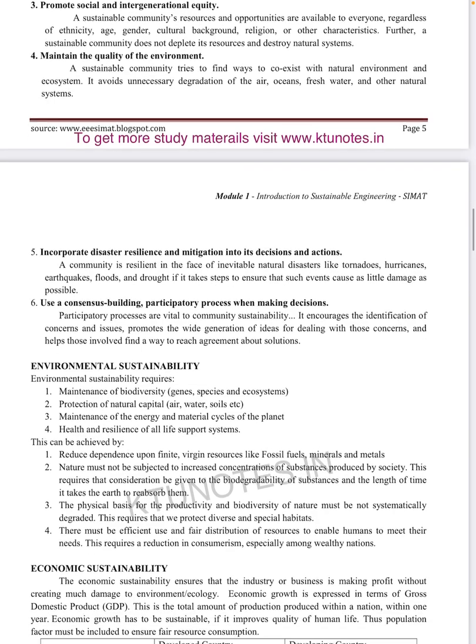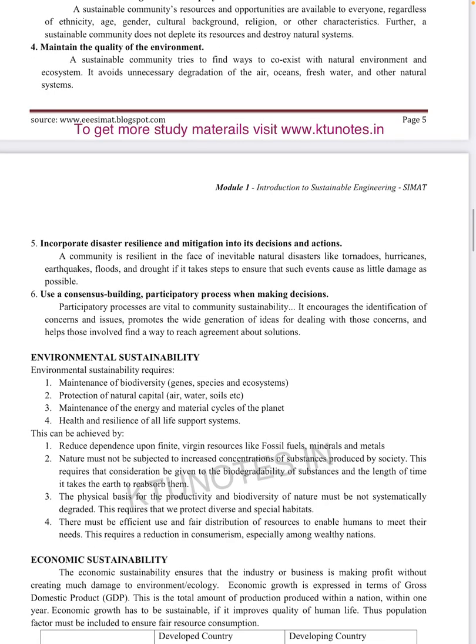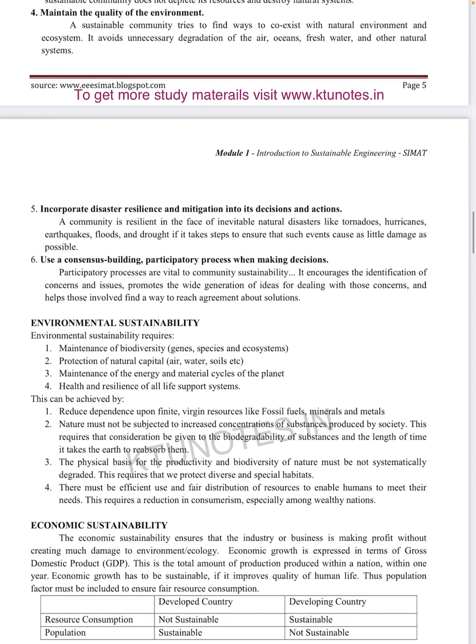Fifth one is incorporate disaster resilience and mitigation into decision actions. That means if a natural disaster is on the way, how much disaster can be avoided by taking the appropriate actions.